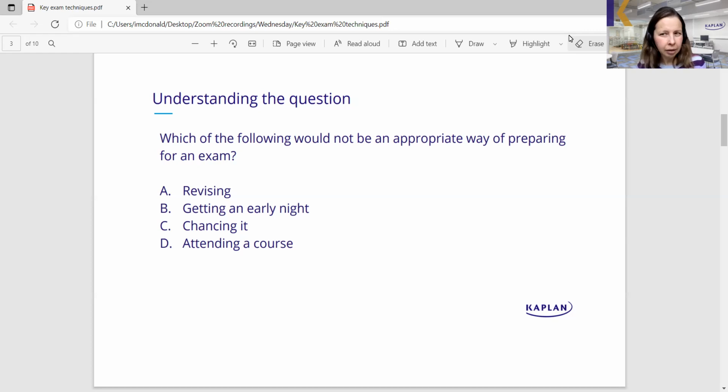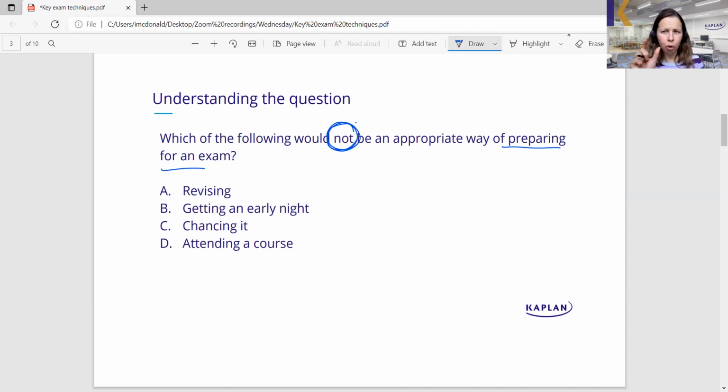But that issue arises because we've just skim read the question. We have not considered it fully. If you read it again carefully, you'll realize that when the question is asking you about your exam preparations, it's actually asking which is not an appropriate way to prepare for the exam.